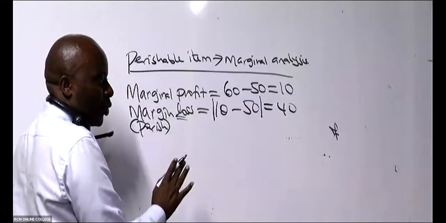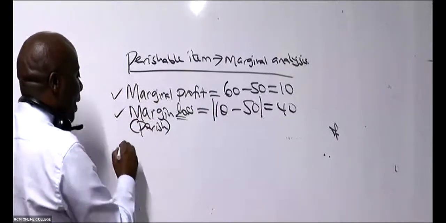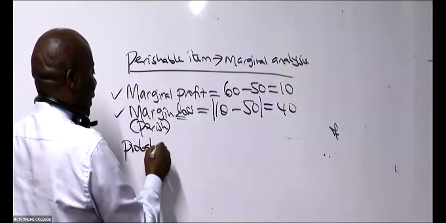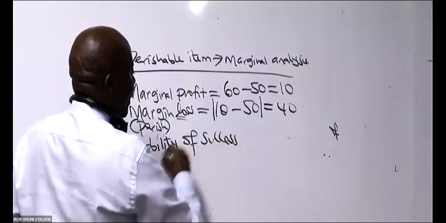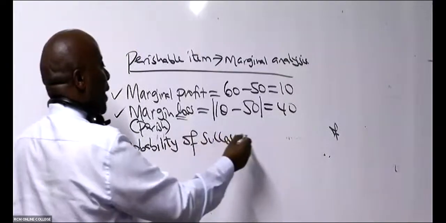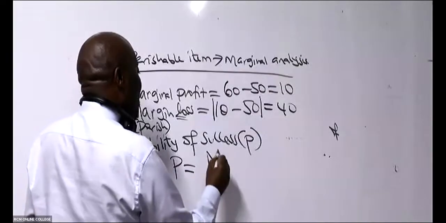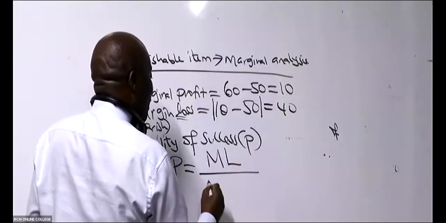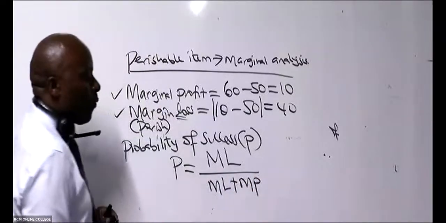And then now after that, you'll be able to give us what we call probability of success, which we shall be abbreviating as P. How do we get this P? To get P, we take marginal loss over marginal loss plus marginal profit.